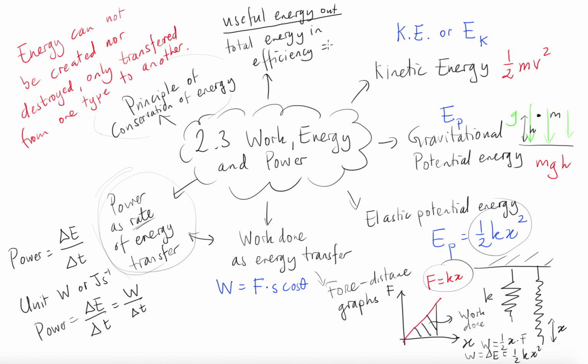For example, we want to make things more efficient. We don't want to lose energy most of the time. And since power is the rate of change of energy, we could also write this as the power out divided by the power in. Since power is the rate of change over time, the times cancel, if you like. So that was a brief summary on work, energy, and power.